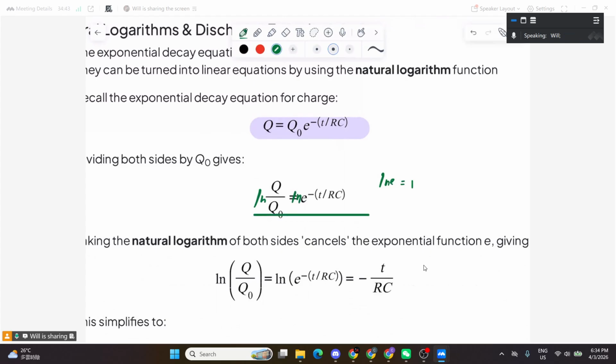So we transfer into the log form, and the log of e to the negative t over RC, so we can cancel this one. The log equation becomes negative time over RC. Understand that? Okay.